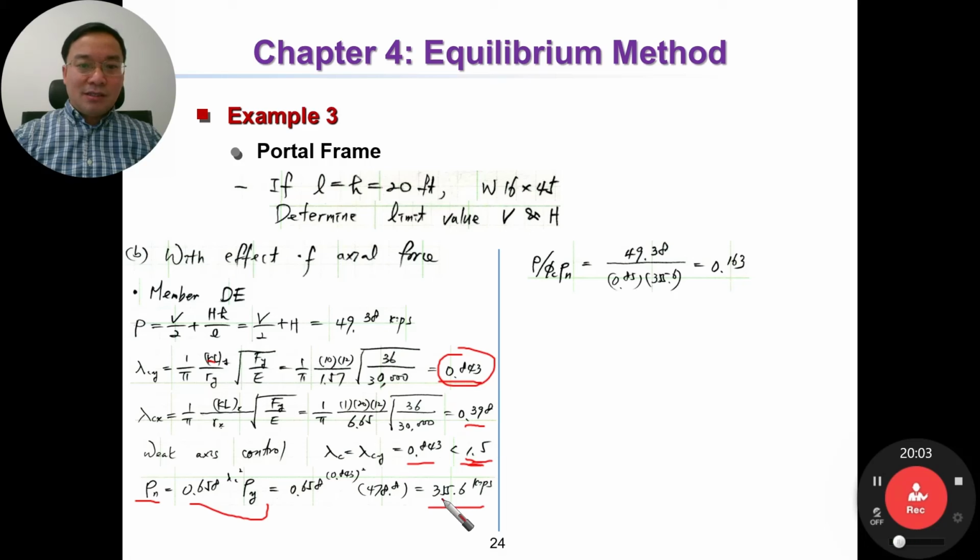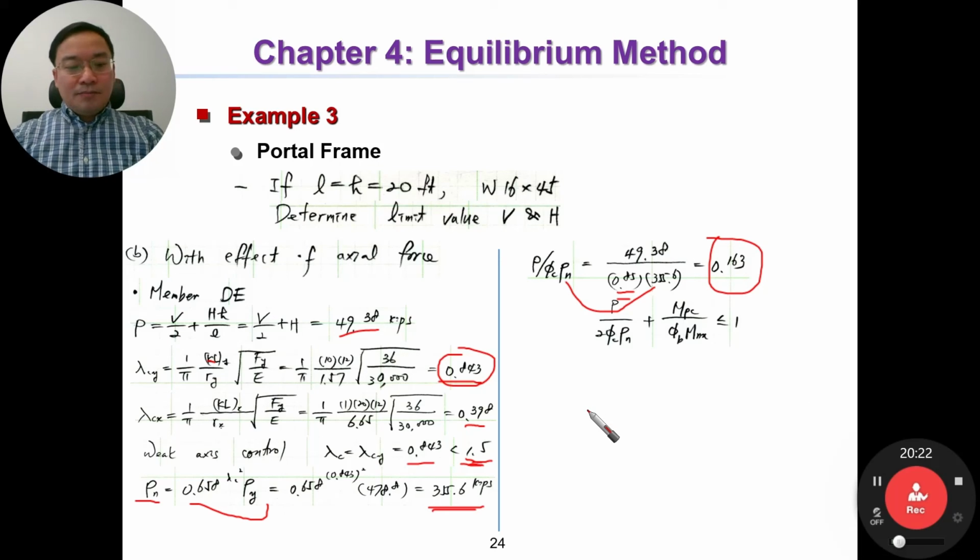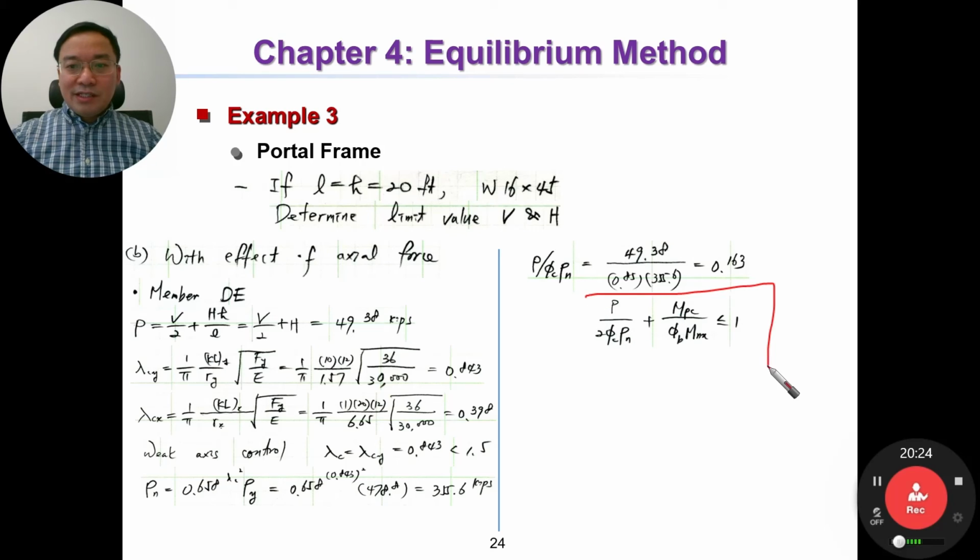And by using this Pn, we can calculate P over phi c Pn, phi c equal to 0.85 for column, and this one equal to here. Then P is P here. Then this value equal to this one. And now using this equation again, P over 2 times this one plus M over M_PC smaller than 1.